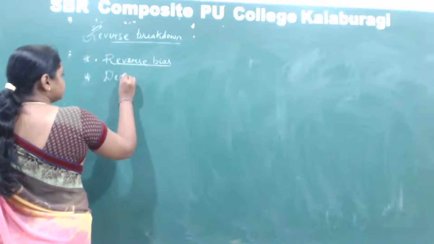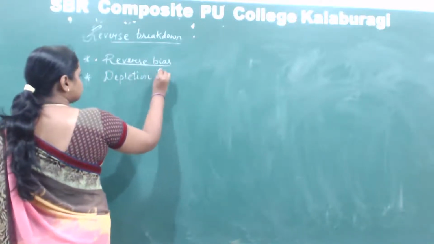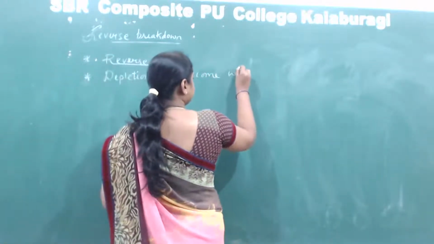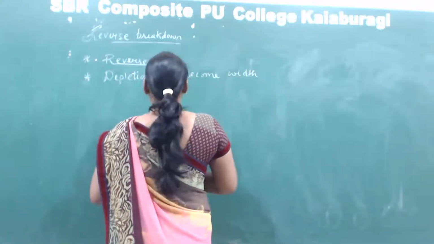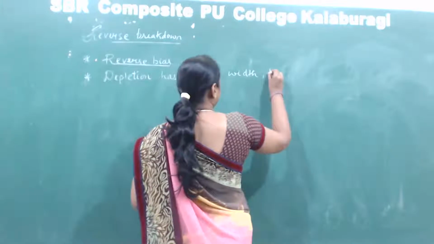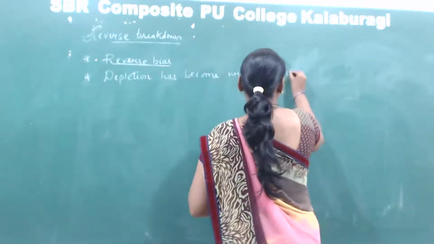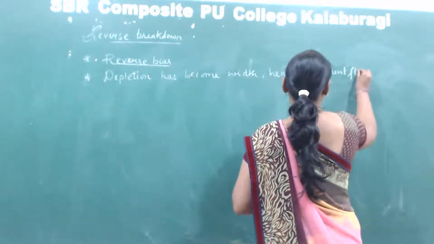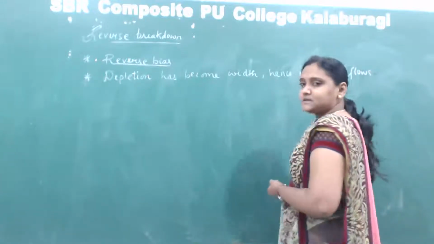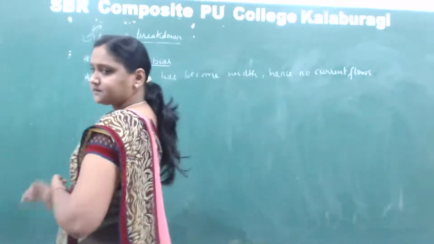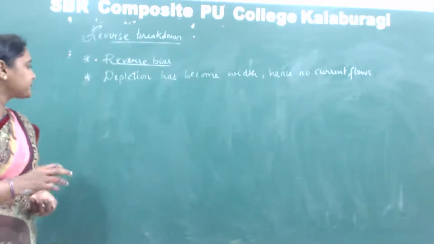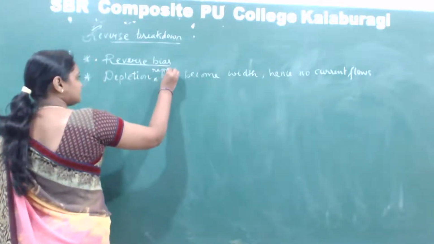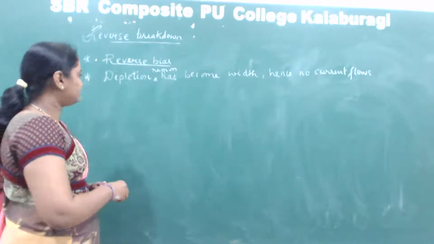In reverse bias, the depletion region widens and has become wide, hence no current flows.